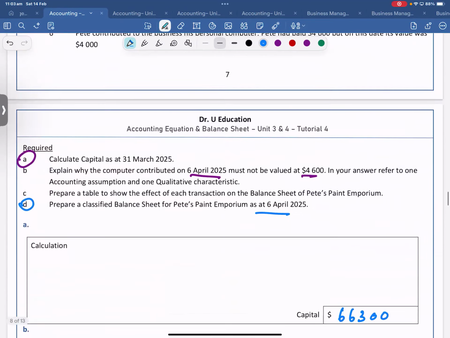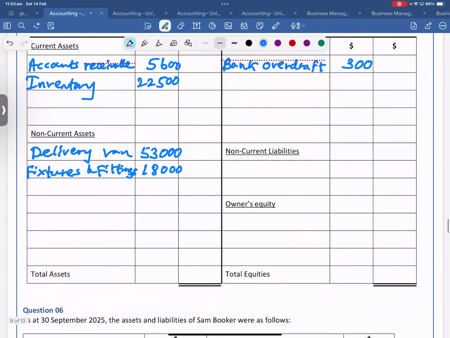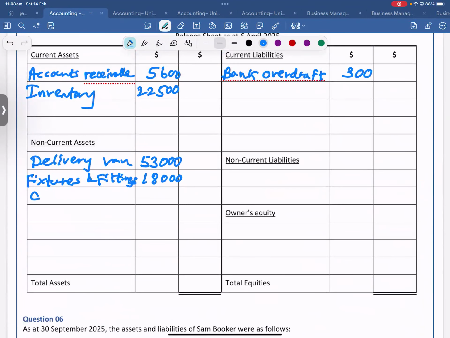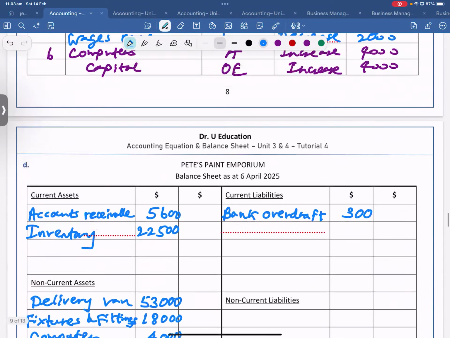Current. How much? 4,000. Right. Now assets are done.